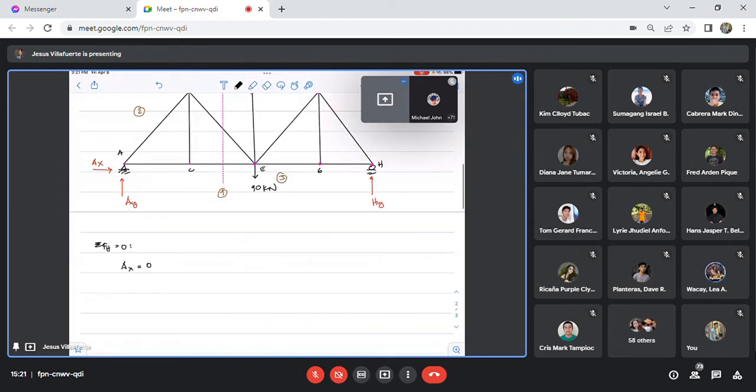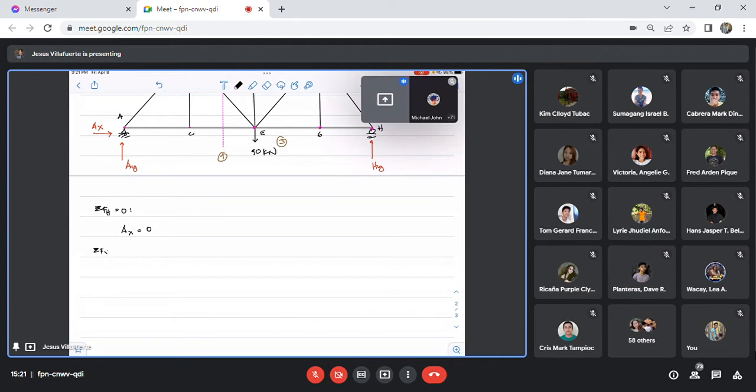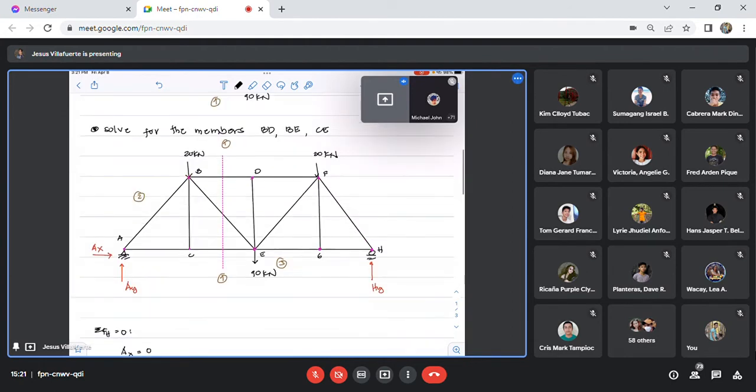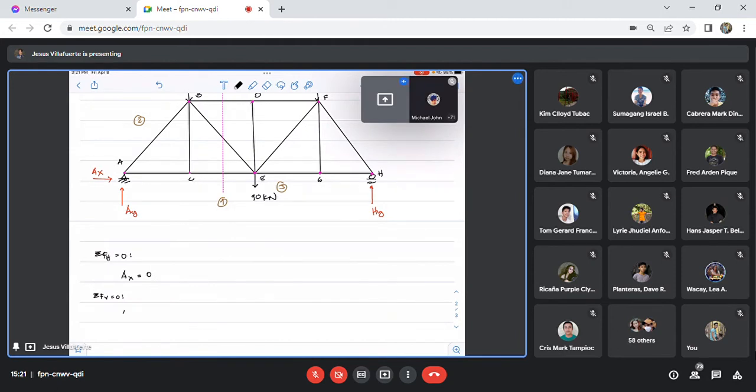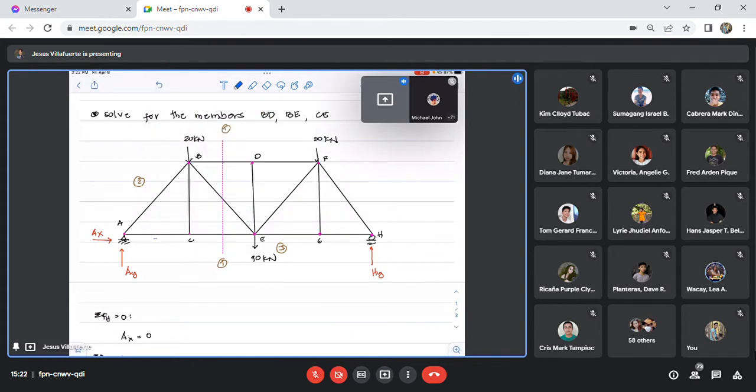And then if we take summation of forces vertical equals 0, what do we have? AY is just equal to HY due to symmetry. Let's say this is 2 meters, 2 meters, then 2 meters, 2 meters, and this is also 2 meters.